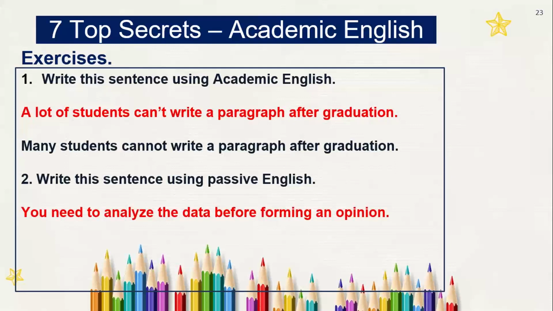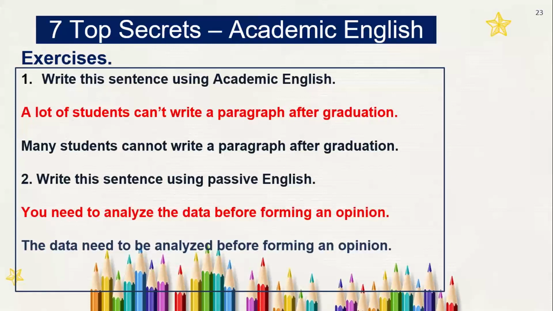So instead of using you here, let's see what we can come up with. The data need to be analyzed before forming an opinion. All right. So to be analyzed. It's a way of writing the passive English, and a way of avoiding using you. So remember, you can rely on the passive English to help you to avoid using I, you, and we in your academic English sentences. All right.